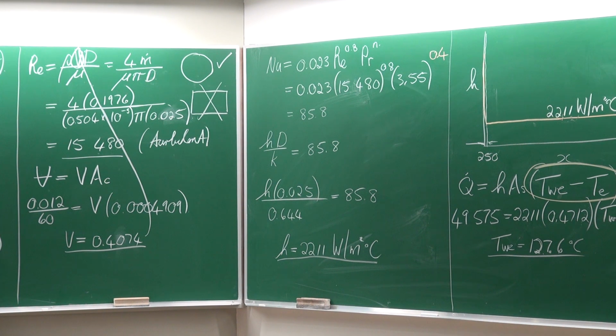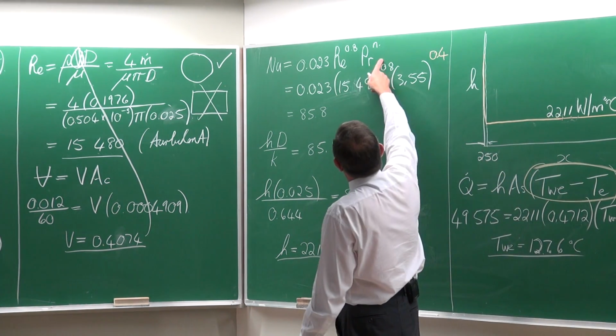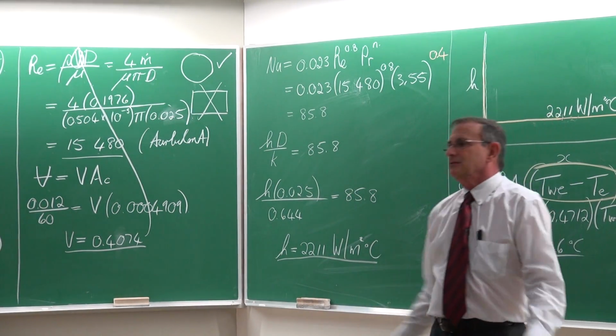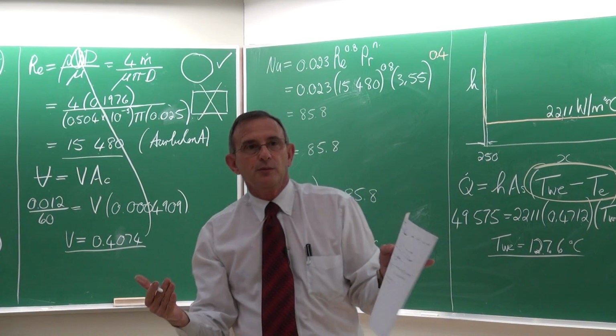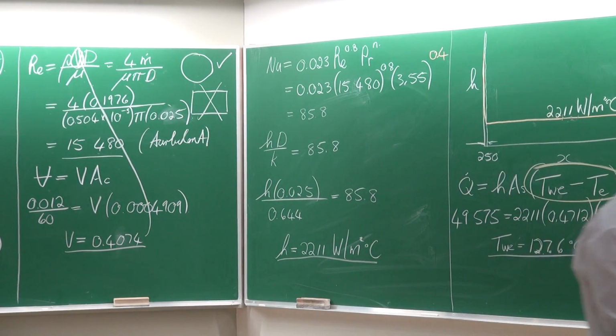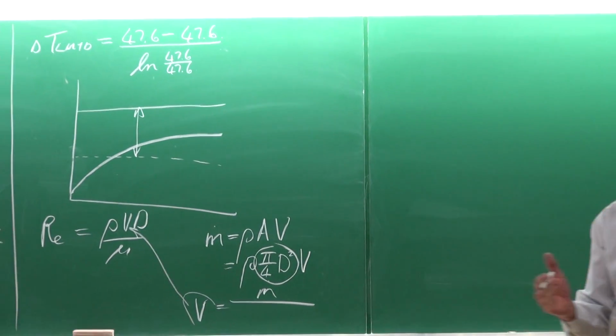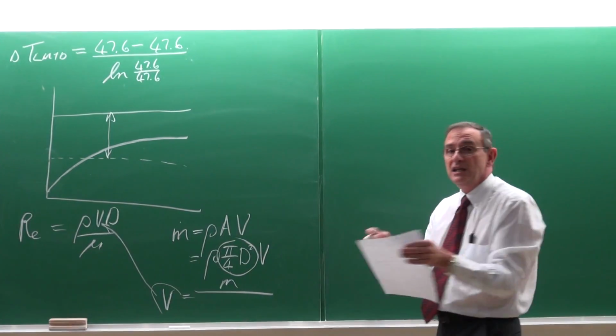Any more questions? Okay. Now let's suppose you would ask me, but you've used this very simple equation of Dittus and Boelter. What about, let's suppose we want to be a little bit more accurate. We're going to redo the problem using the Gnielinski equation.